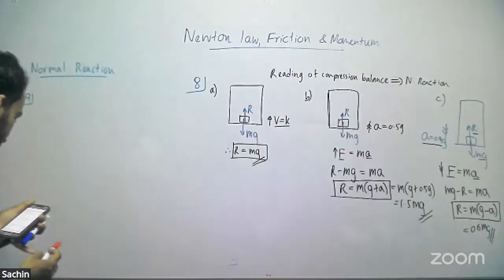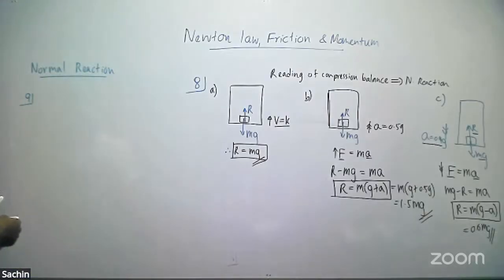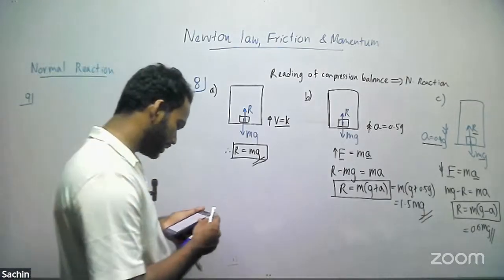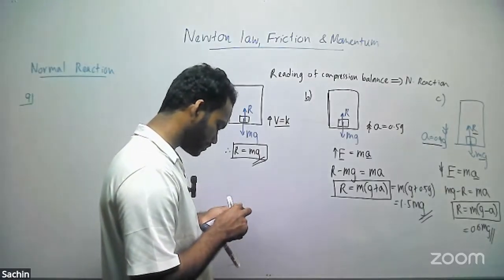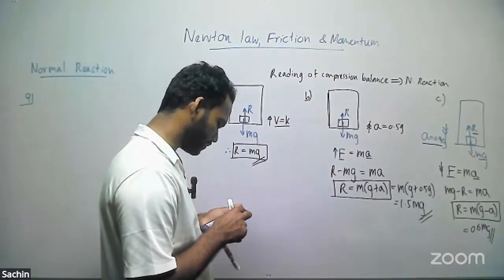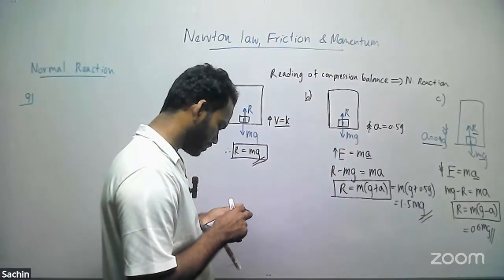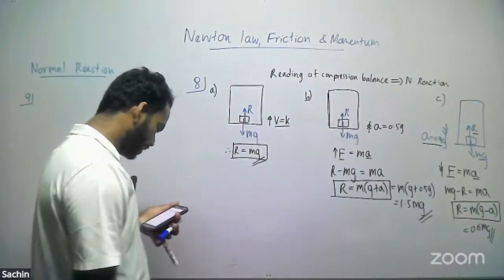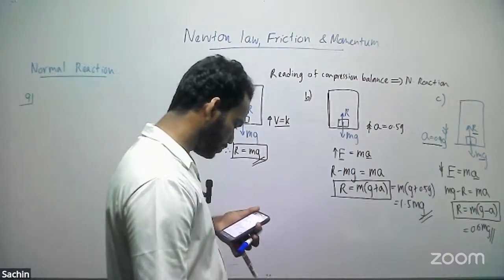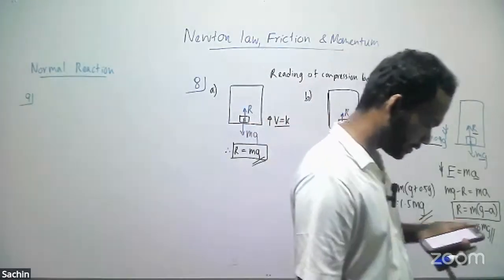Okay, 9th one. When a mass is suspended vertically by a light spring from the ceiling of a stationary lift, the extension of the spring is found to be x naught.